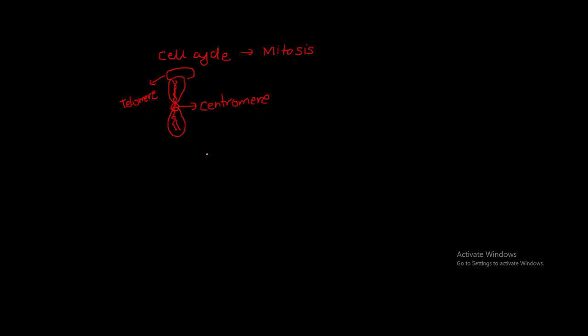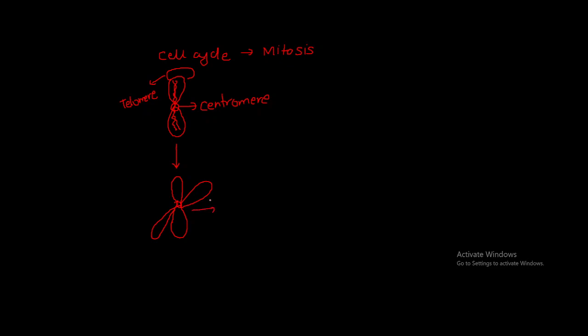Now, why I am discussing this here is because during the cell cycle there is a replication of the DNA. So now if the DNA is replicated, then what will happen?